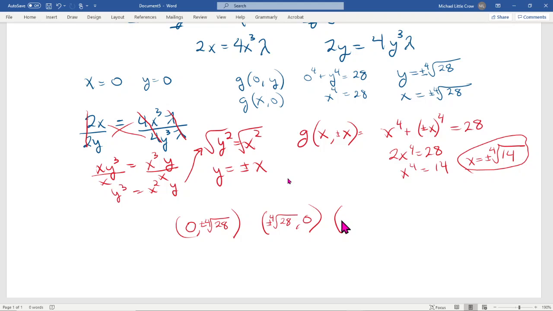So we get x is positive fourth root of 14, and when that happens, we plug in the positive fourth root of 14. We get that y would be plus or minus. So let's see, how am I doing this? So then y is plus or minus that. And when x is negative fourth root of 14, y is still plus or minus.